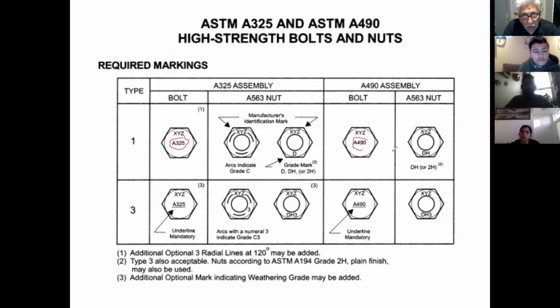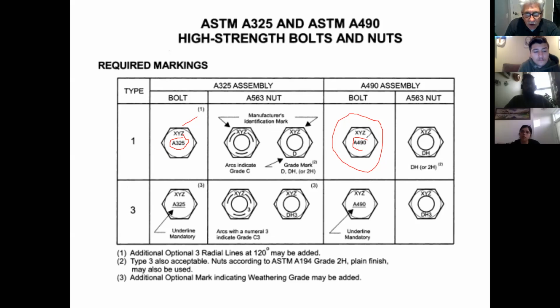And as a matter of fact, if you're ever inspecting a job, the guy that's doing the actual erection will definitely be using A325. But one of your tasks, if you're there as an inspector, is to make absolutely sure. It becomes more critical if, for example, somebody decided to specify this and they're using that: this is much stronger, and therefore whatever they're connecting is going to be much weaker than what was actually designed. That's all you have to watch out for.